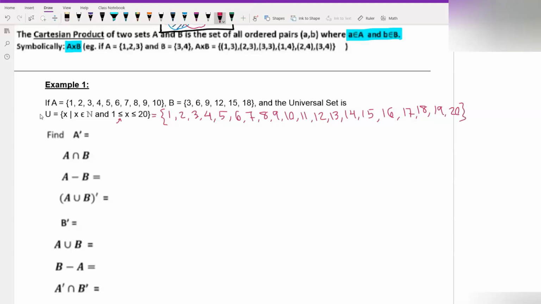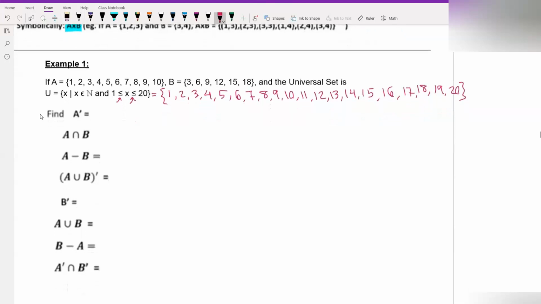So these are all the numbers that we have in this universal set from 1 to 20, because here we also have equal to. Now working on all of these.